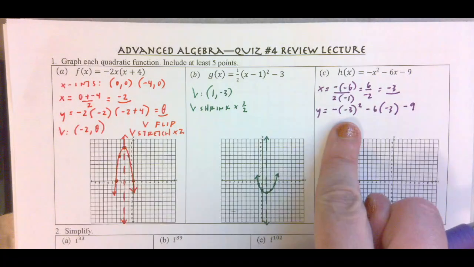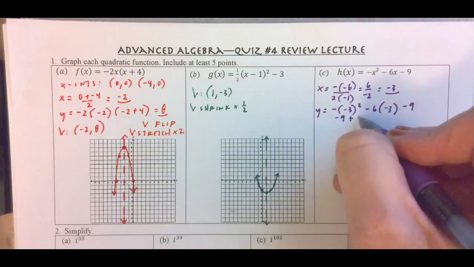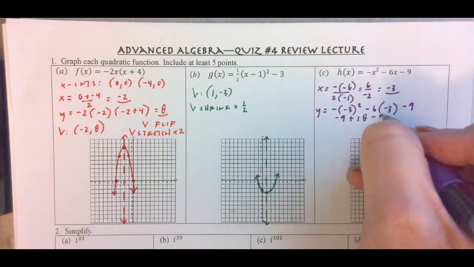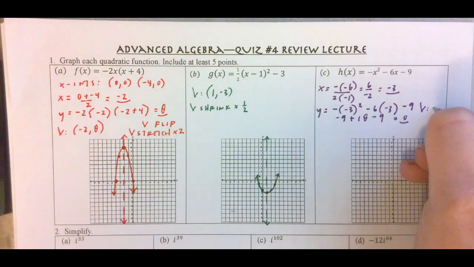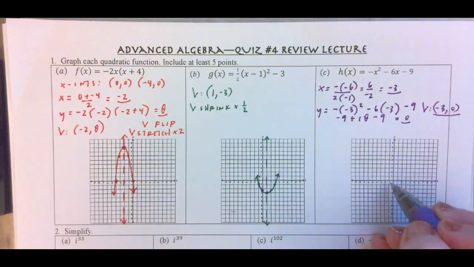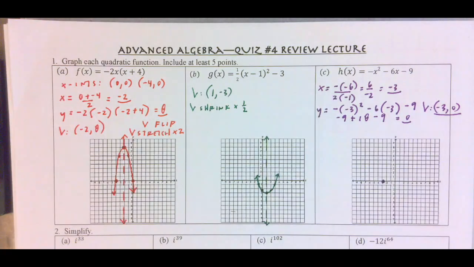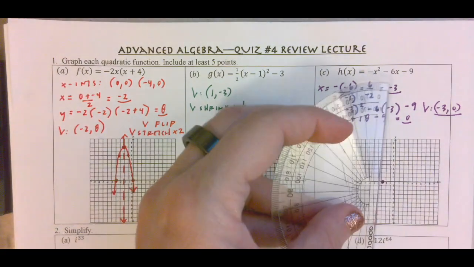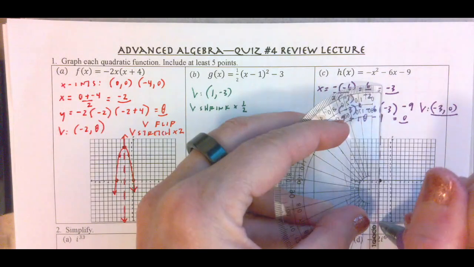So -1 times 9 is -9 plus 18 minus 9 gets me 0. So my vertex is at -3, 0. So right there. Okay, it's on the x-axis. And then here will be my line of symmetry.